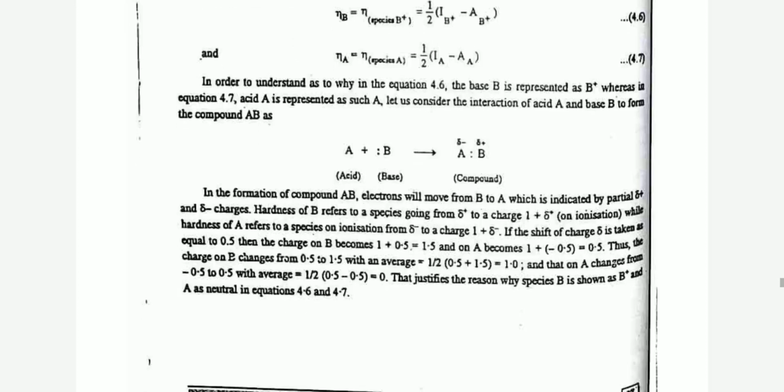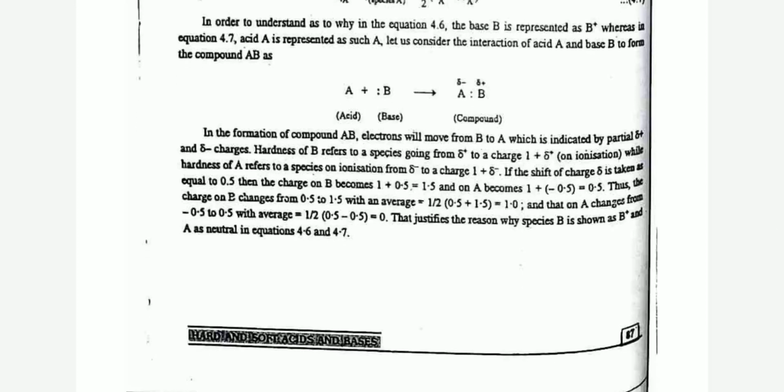In order to understand why in equation 4.6 the base B is represented as B positive, whereas in equation 4.7 acid A is represented as such, A, let us consider the interaction of acid A and base B to form the compound AB: A plus B gives AB, with A delta negative, B delta positive.